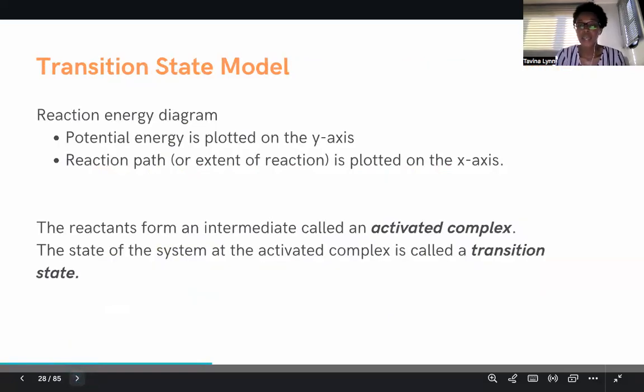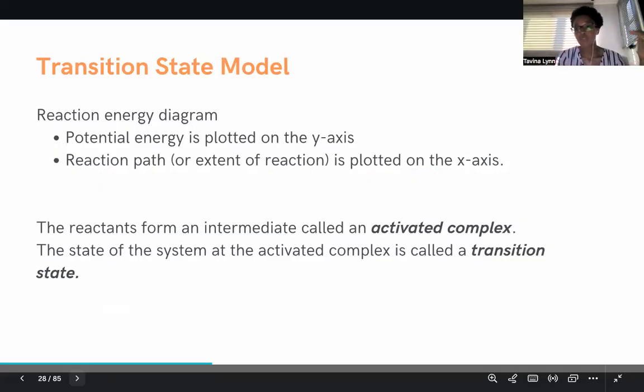So let's talk about a transition state model, which is really the same as what we've seen in our reaction energy diagrams. So recall we have the potential energy plotted on the y-axis. On the x-axis, we just have our reaction path. You may see reaction coordinates or extent of a reaction on the x-axis.